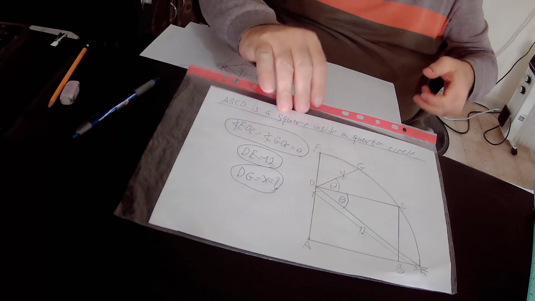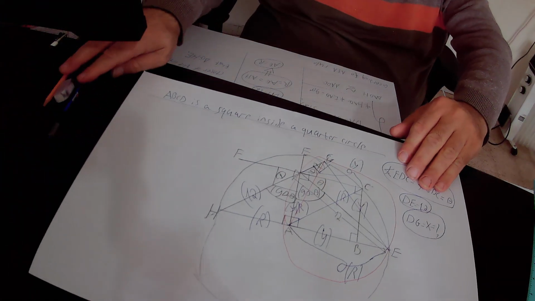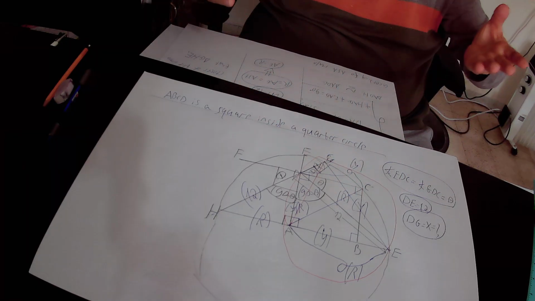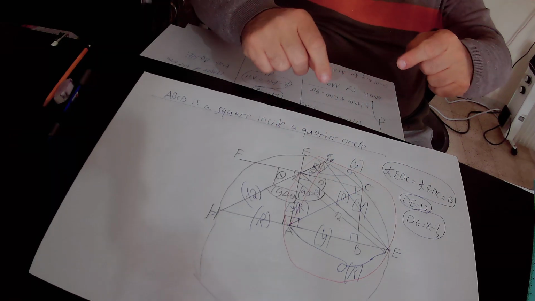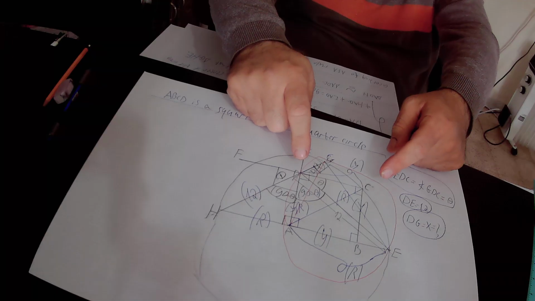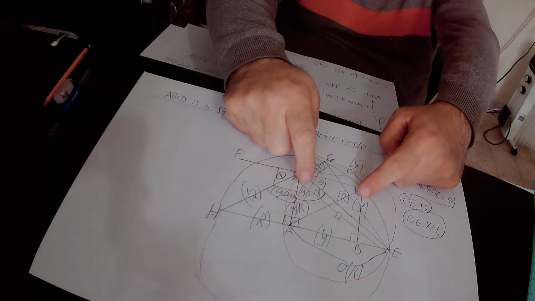So, in the first step, we know that ABCD is a square, and we know that all the 4 angles inside this square must be a right angle, so those 4 angles are all right angles.